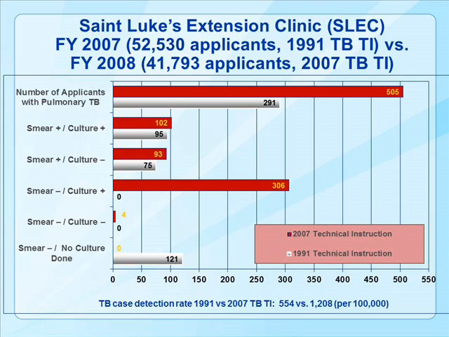I want to draw your attention on the graph. You'll see the smear negative culture positive row where you see 306 in red, meaning the first year of screening they identified 306 people who were smear negative but culture positive. And compared to the smear positive and culture positive row of 102.